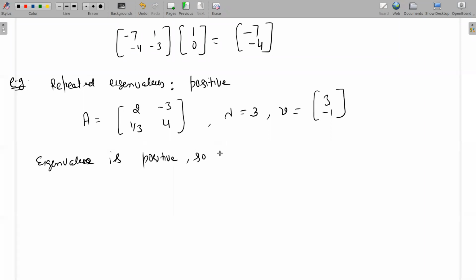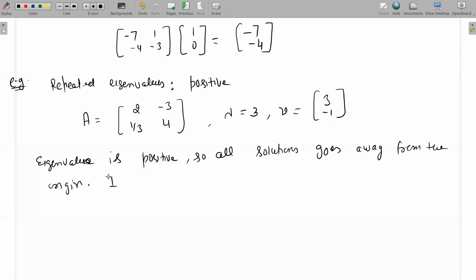So the eigenvalue is positive, so all solutions go away from the origin. You will have the factor e^(3t).